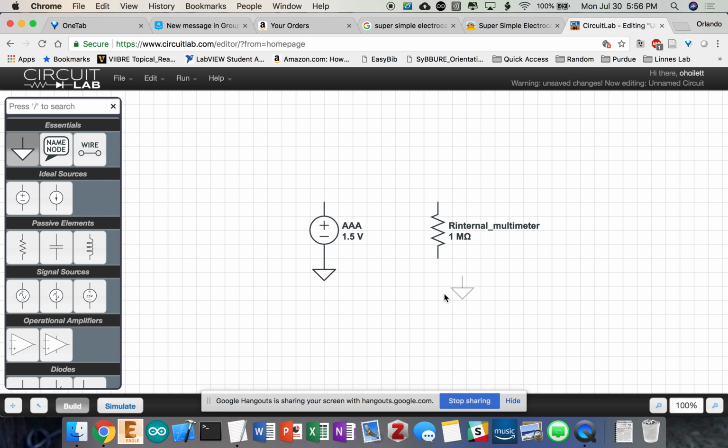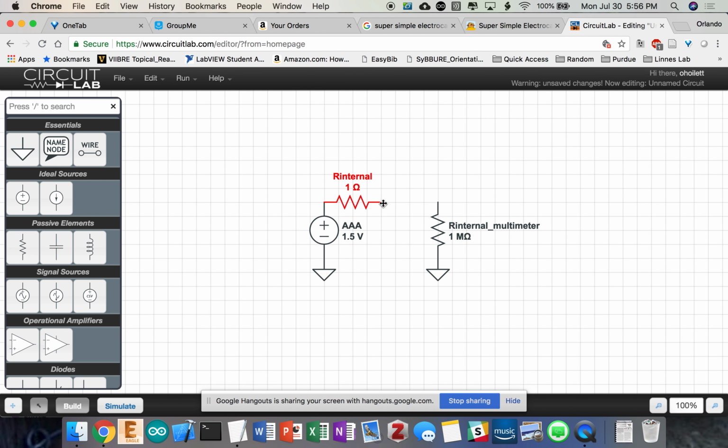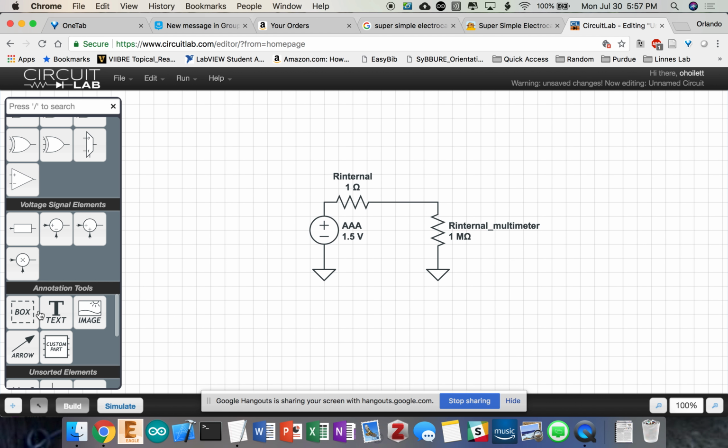And so this relates to a voltage divider. So if I put in the internal series resistance of the battery, and for the AAA battery, I'll make it 1 ohm, even though it's probably a lot smaller, but let's leave it at that for now. And let me label a couple things here.